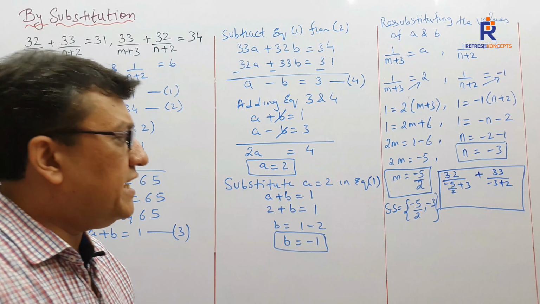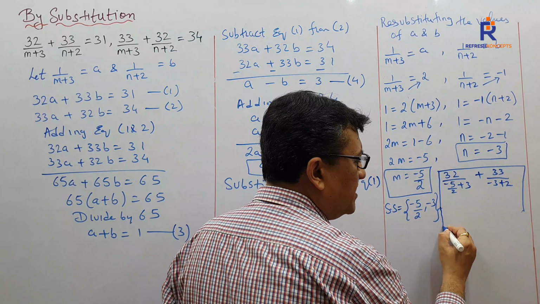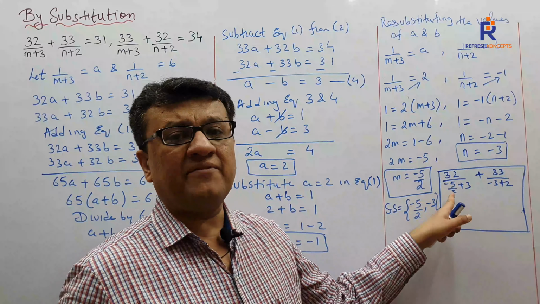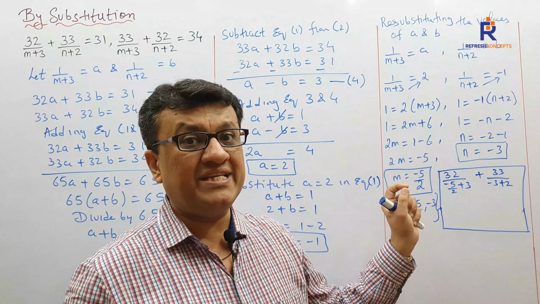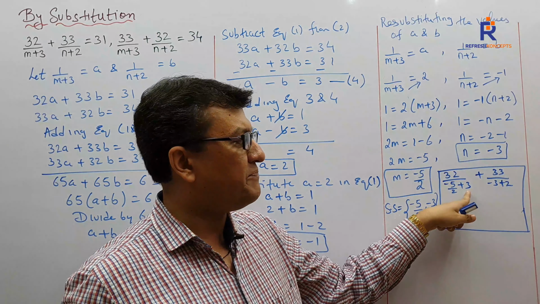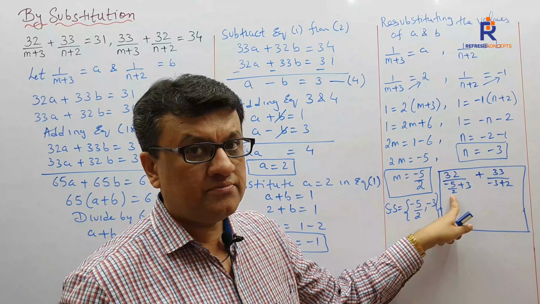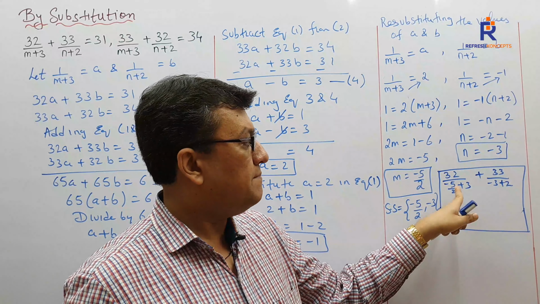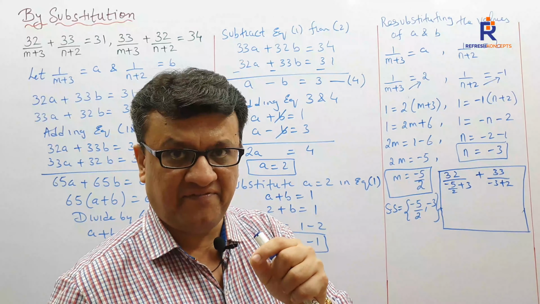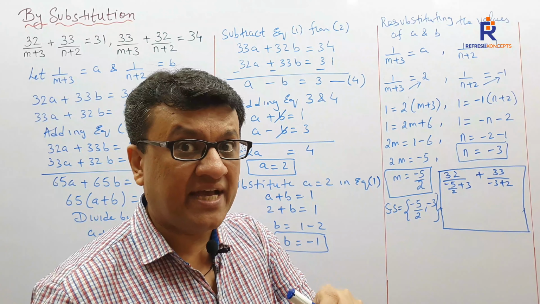Right, children? Those who want to do some calculation from their side can do it. I am doing some oral calculation. Minus 5 by 2 is minus 2.5. Minus 2.5 plus 3 is plus 0.5, and plus 0.5 can be written as half.